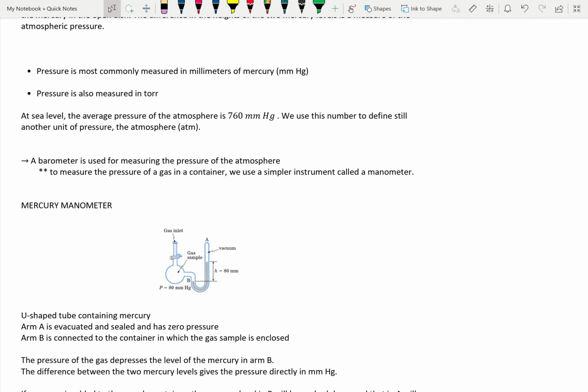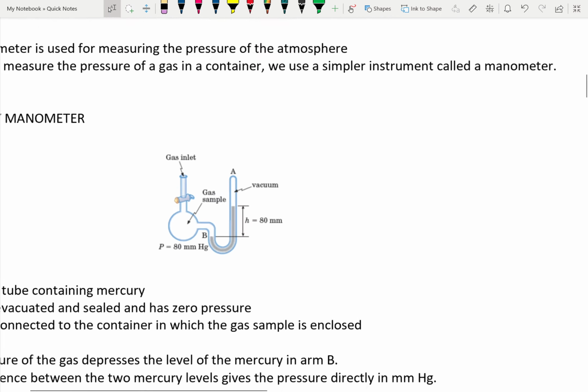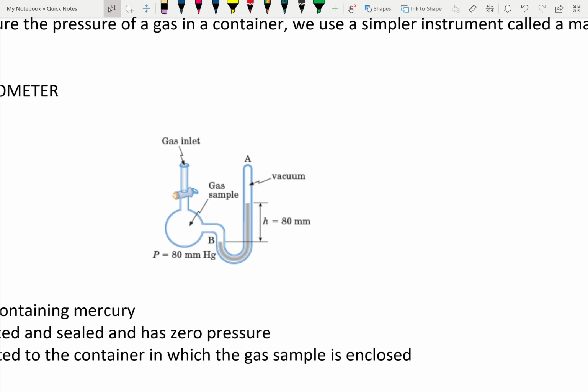We use another simpler instrument called a mercury manometer to measure pressure of the gas. So how this is done is that, let me zoom in here so you can see. We have this U-shaped apparatus. In the area A, there's no gas, so it's a vacuum, right? There's nothing there. And in B, we have our gas sample. So what happens is that the mercury travels up into the A area, depending on the pressure of the gas.